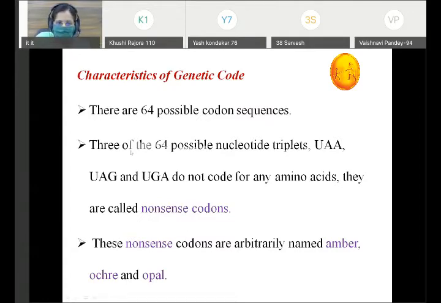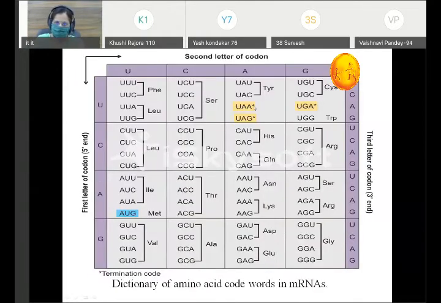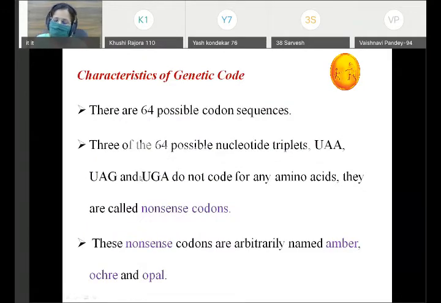Out of these 64 possible sequences, UAA, UAG and UGA, as we have seen in yellow color, do not code for any amino acids and are called nonsense codons or stop codons.